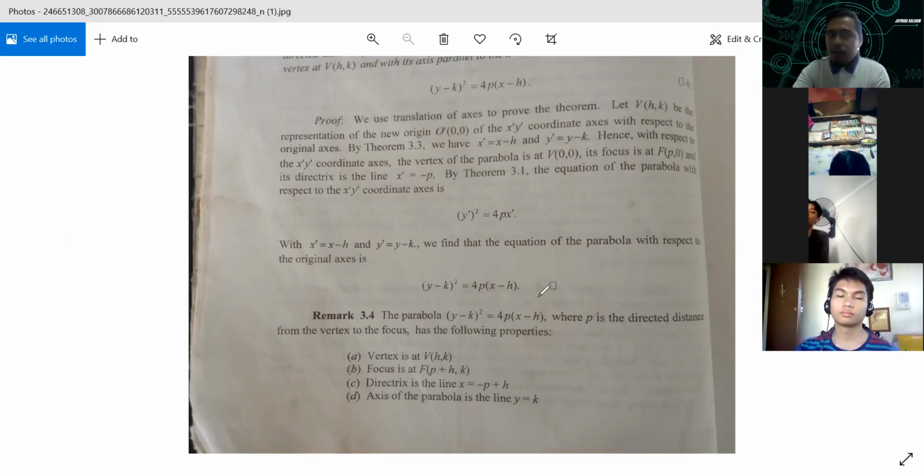Okay, if the vertex of your parabola is at (h, k) or any point from your Cartesian plane, we denote that by (h, k).